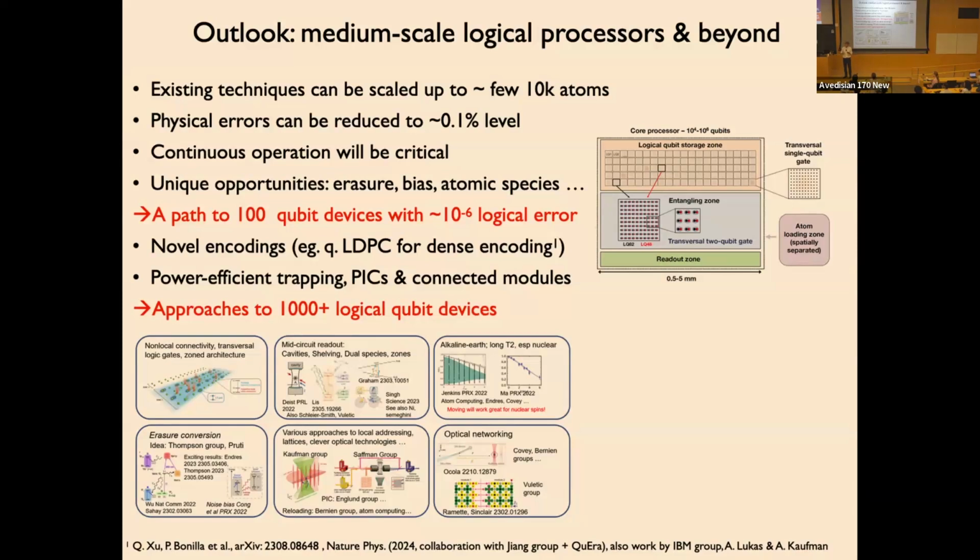One of the consequences is that the encoding density is actually very small. For the surface code, if the distance of the code is d, it means that you need d squared physical qubits to encode one logical qubit.